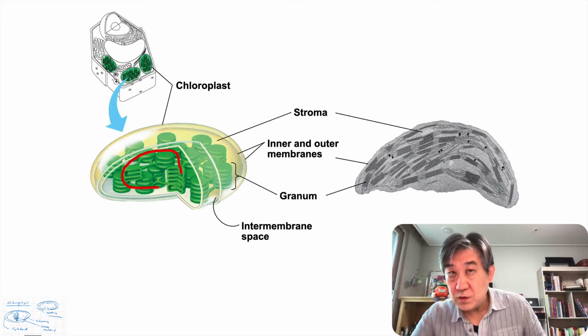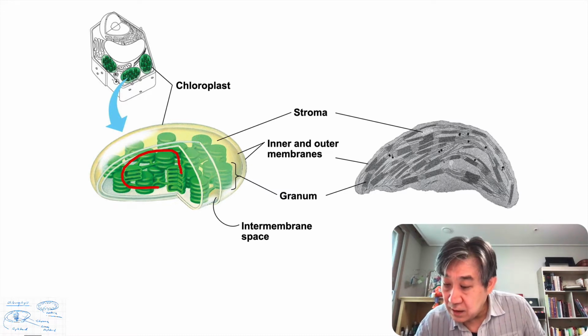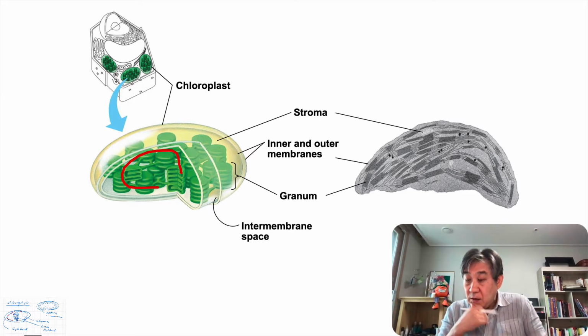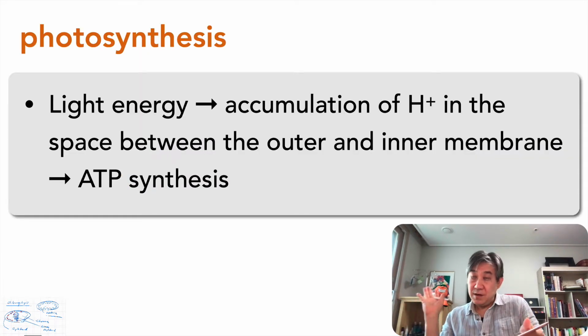So those light-energy-capturing chlorophyll molecules are highly abundant in the inner membrane, in particular the grana, which is an extension of the inner membrane of the chloroplast.